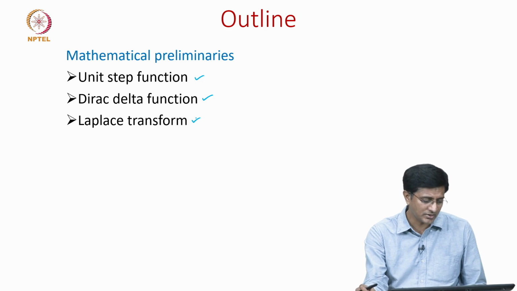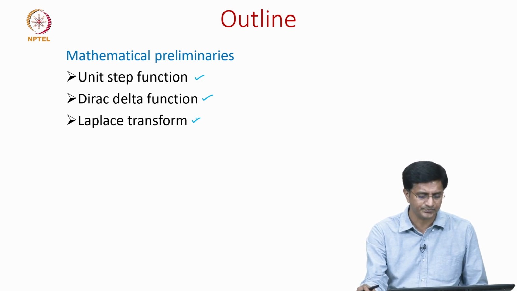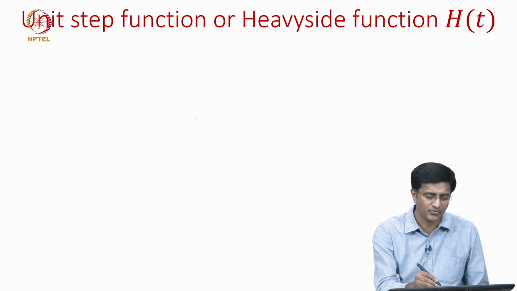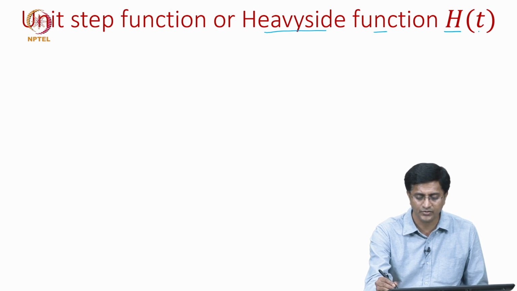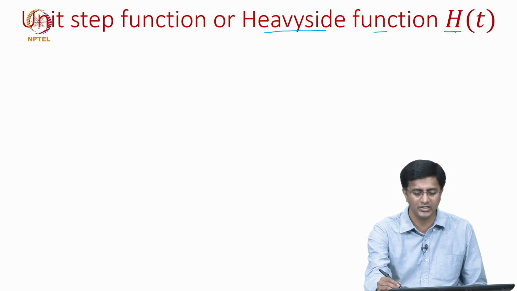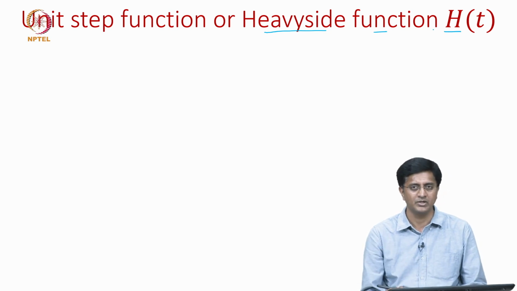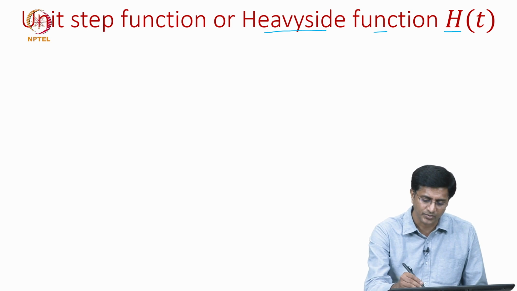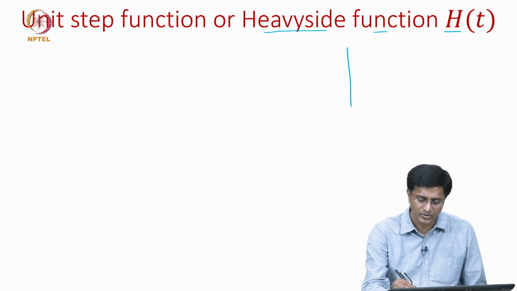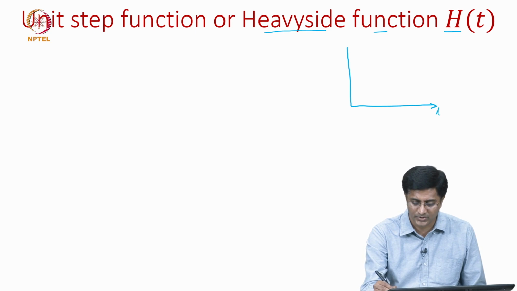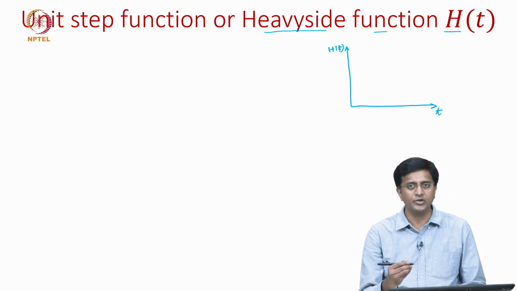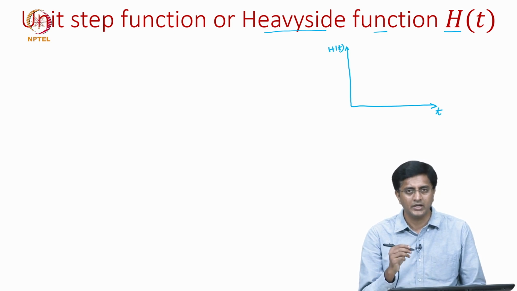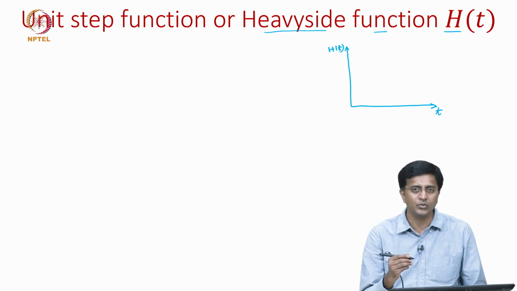Okay. Now let us start with the unit step function. The other name for the unit step function is the Heaviside function, and it is represented as h of t, meaning t is time and h represents the Heaviside function. Let us look at how it is represented. On the x axis is time, which we represent using t, and on the y axis is h of t. The way to represent it is through a step function occurring at time t equal to 0.